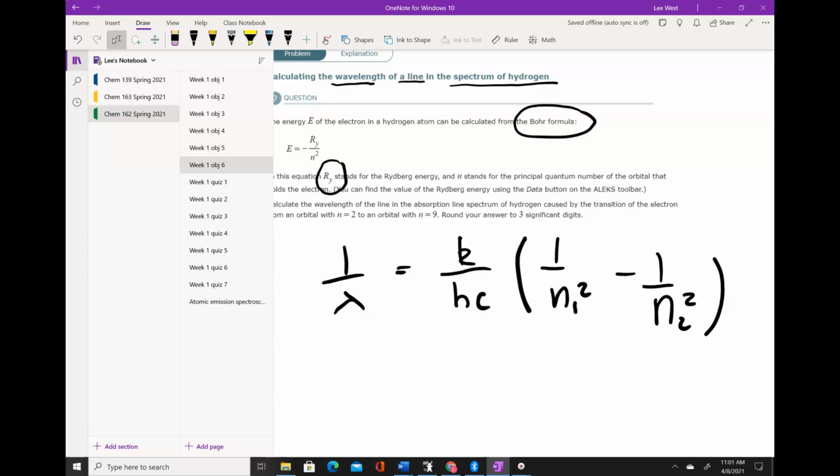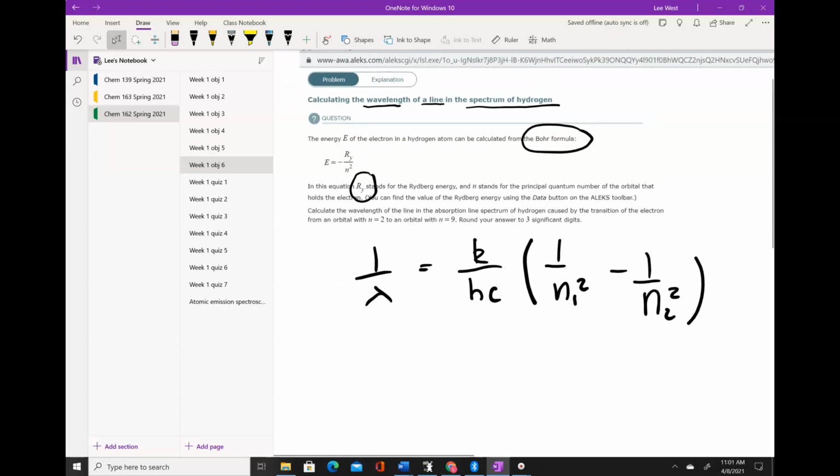Now it's an absorbance line, so we're moving up in energy from energy level 2 up to energy level 9. Now, when you use the Bohr equation, just remember that N1 needs to be less than N2, and you'll always get a positive number. And that's pretty easy to remember because 1 is less than 2, right? Okay, so that'll do that.